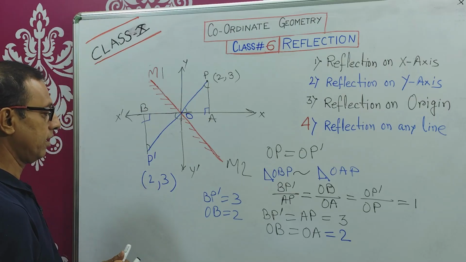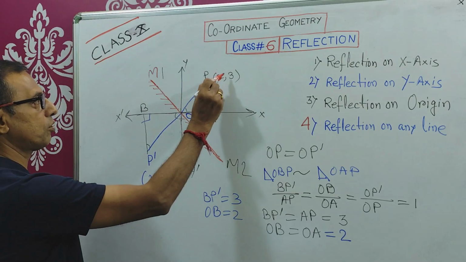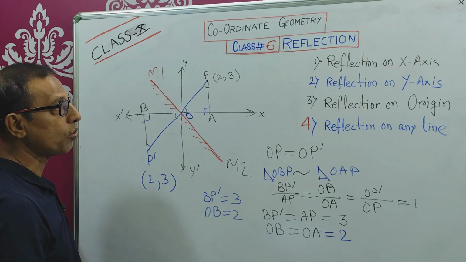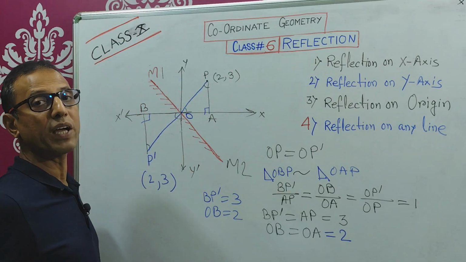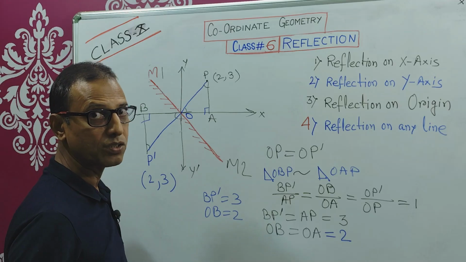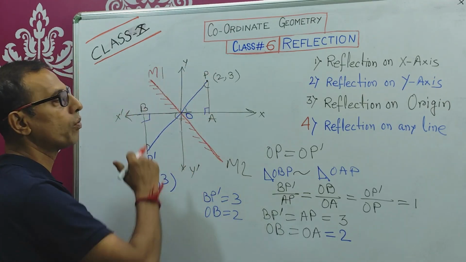Now what is the sign? These are the values, here also 2, 3, here also 2, 3. In all the cases the numerical value will remain the same, only the sign will change based on the quadrant.